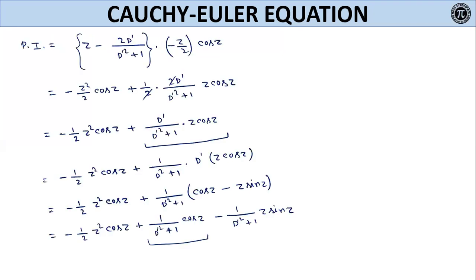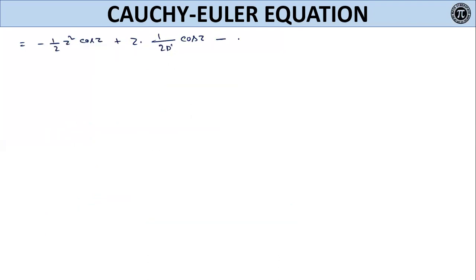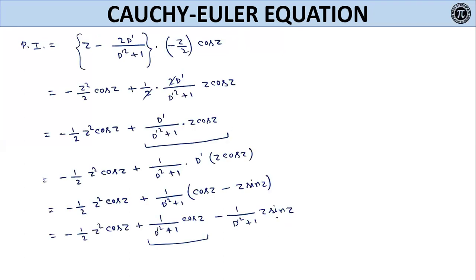Okay, now minus next formula, z multiplied by sine z. Okay, so here you are getting z multiplied by sine z.